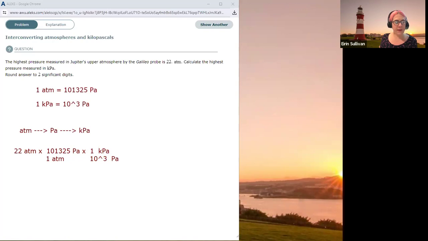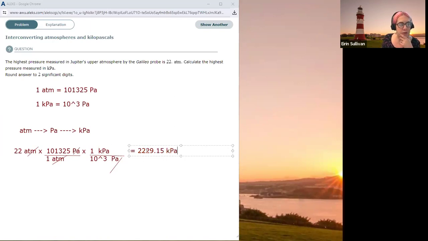You should always be able to check with these unit conversions that the units you don't want are cancelling out and the units you do want are what you end up with. So atmospheres cancels out, pascals cancels out, giving us units of kilopascals. I guess I should grab my calculator. 22 times 101,325 divided by 10 to the power of 3 gives me 2,229.15 kilopascals.